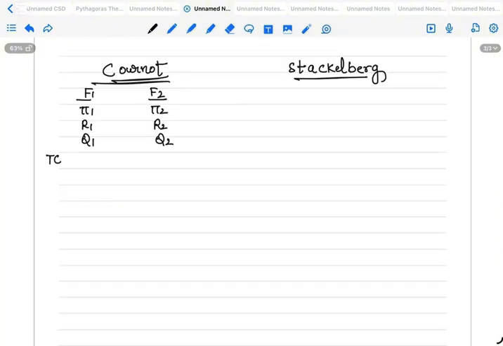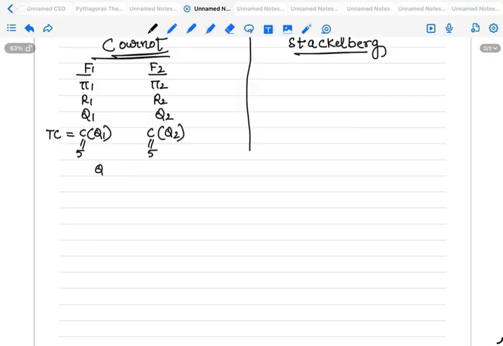In terms of total cost C of Q1 and total cost C of Q2, if C is given as 5 Q1 and 5 Q2, in general the quantities Q1, Q2 and profits pi 1, pi 2 are both equal in Cournot.